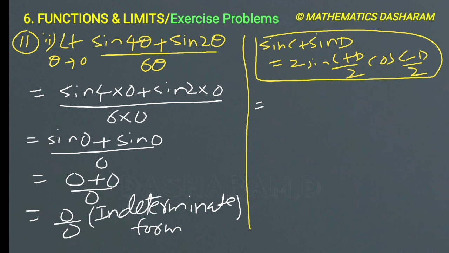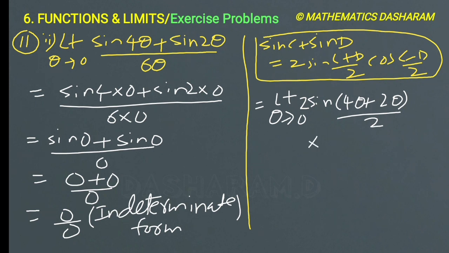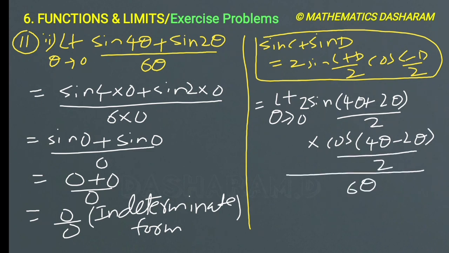So then it is equal to limit theta tends to 0 of sin c plus sin d, with c value 4 theta and d value 2 theta. So 2 sin((4 theta plus 2 theta) divided by 2) into cos((4 theta minus 2 theta) divided by 2), and the whole divided by 6 theta. 4 theta plus 2 theta is 6 theta, by 2 is sin 3 theta.